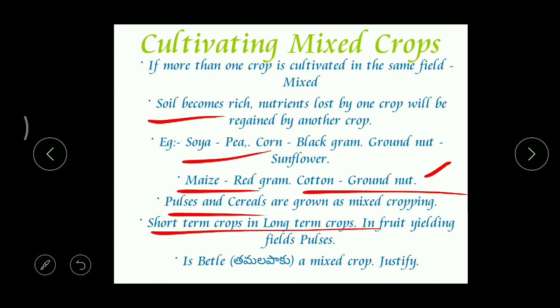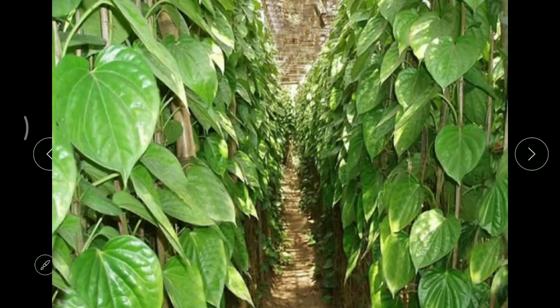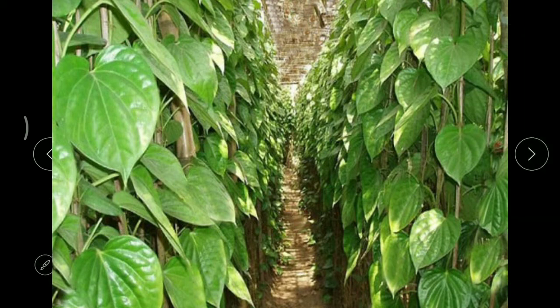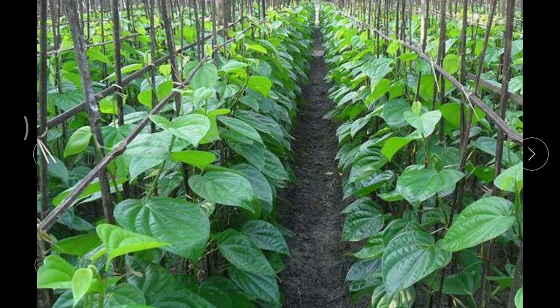In fruit yielding fields, along with the fruit plants, we can grow pulses. Right? These are all examples of mixed crops. Have you seen the betel crop? Betel, there is tamalapaku. Can you call that a mixed crop or not? No, it's not a mixed crop. Okay, but have you seen this betel? It is a creeper.